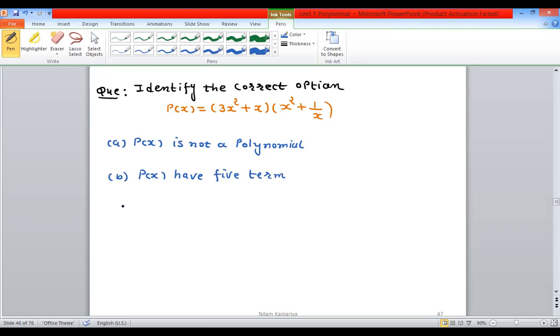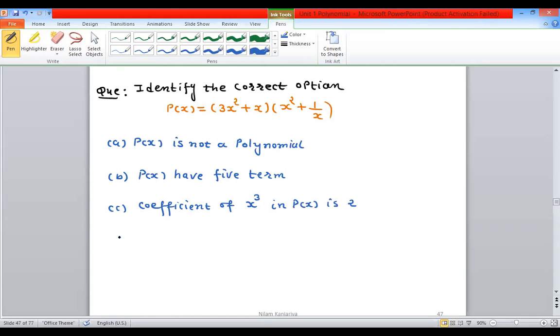Option C: the coefficient of x cube in P of x is 2.